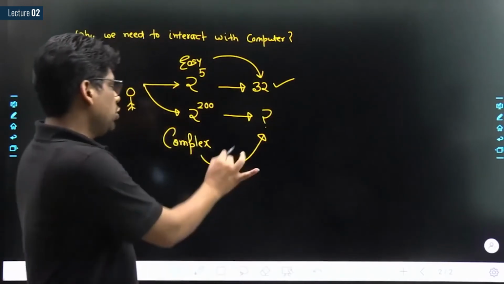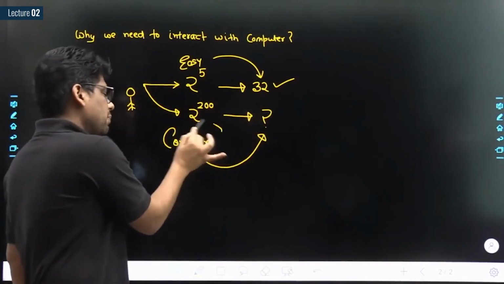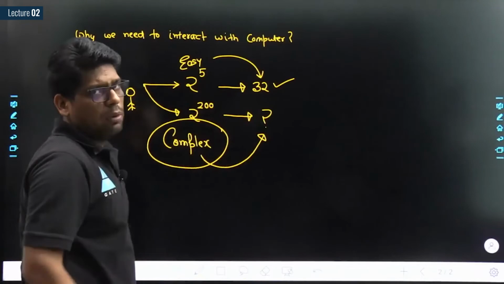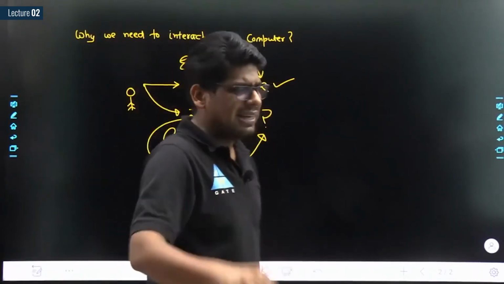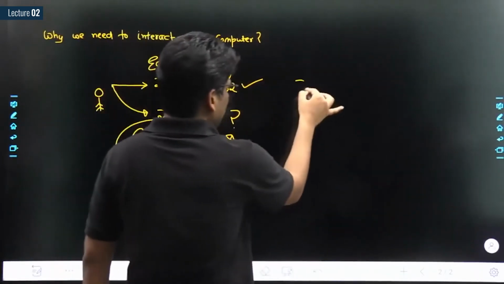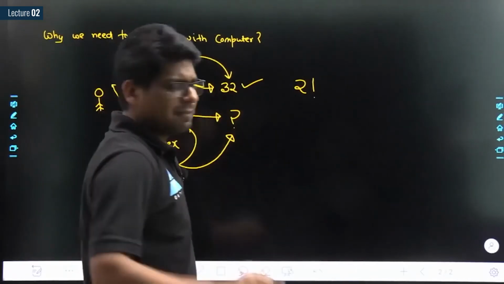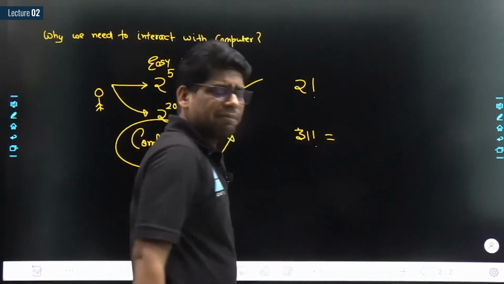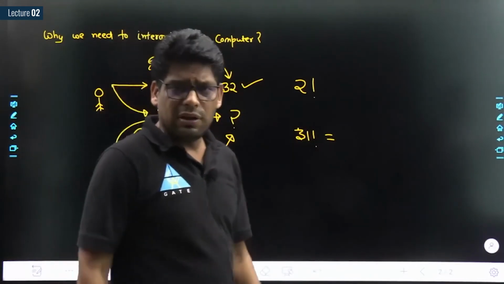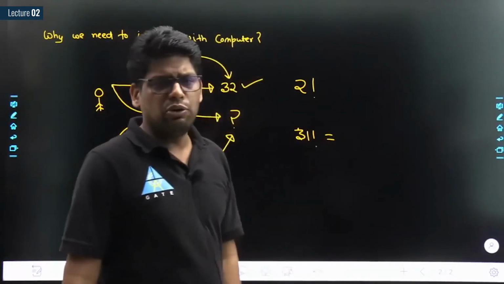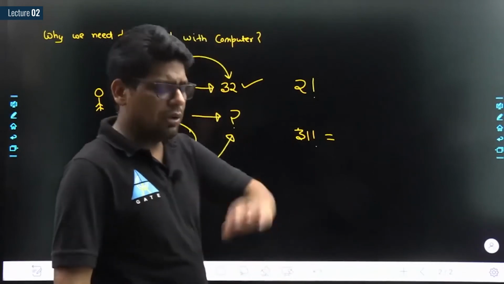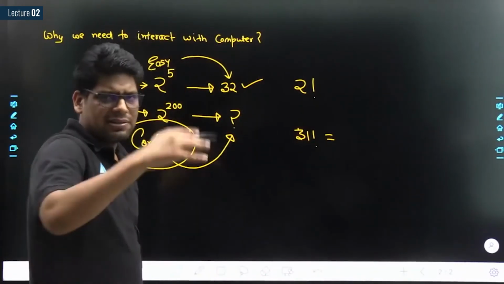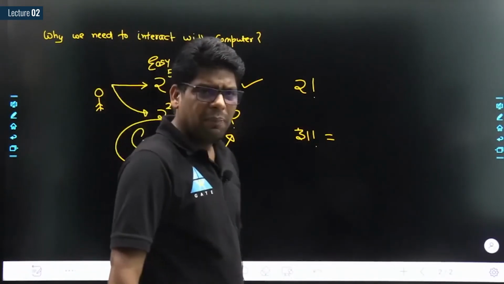That is why we need to interact with the computer or machine for solving complex problems. Please try to understand this. Do you know the answer of 2 factorial? Of course, yes. Do you know the answer of 31 factorial? No, sir. Who can compute? A human being can compute 31 factorial, but not everyone can. I am not talking about some extraordinary personality.